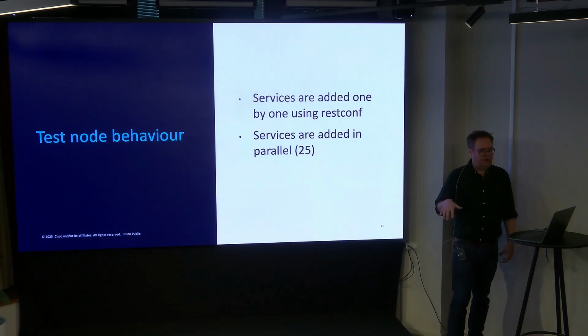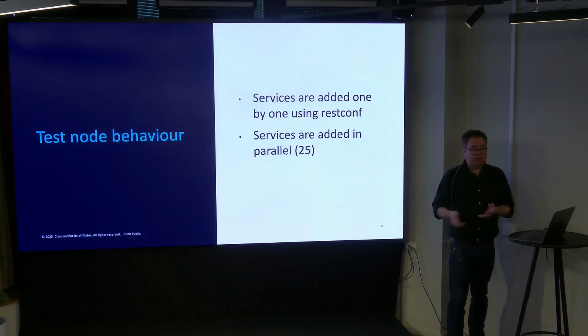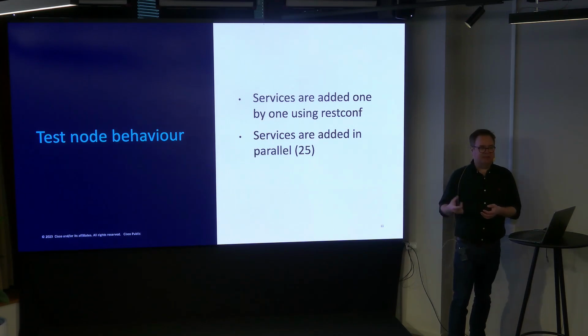So what is happening on the test node? Well, the services are added one by one using RESTconf. It is possible. We have other tests where we use the CLI and validate the response time for the CLI.